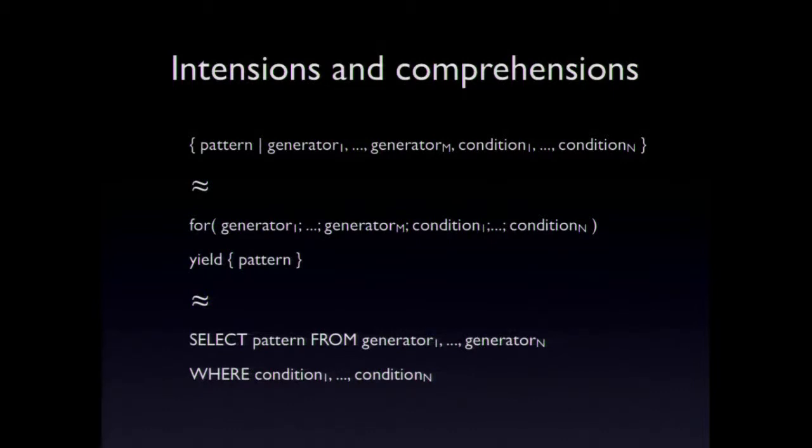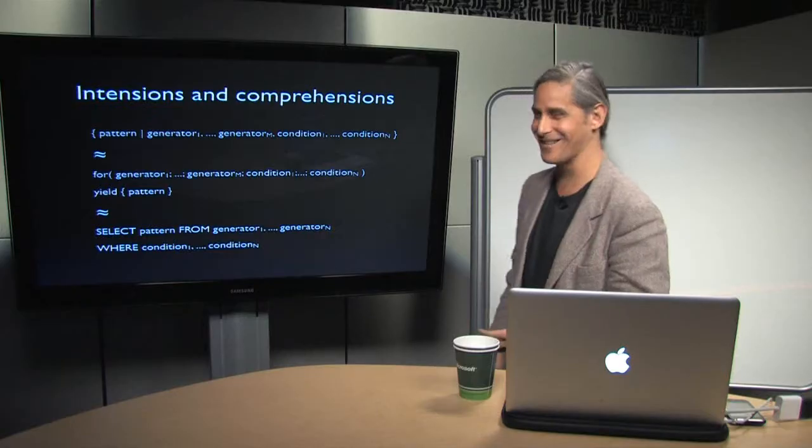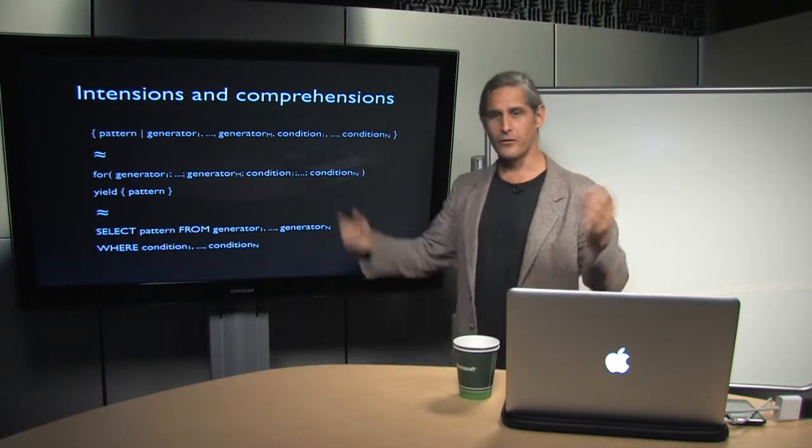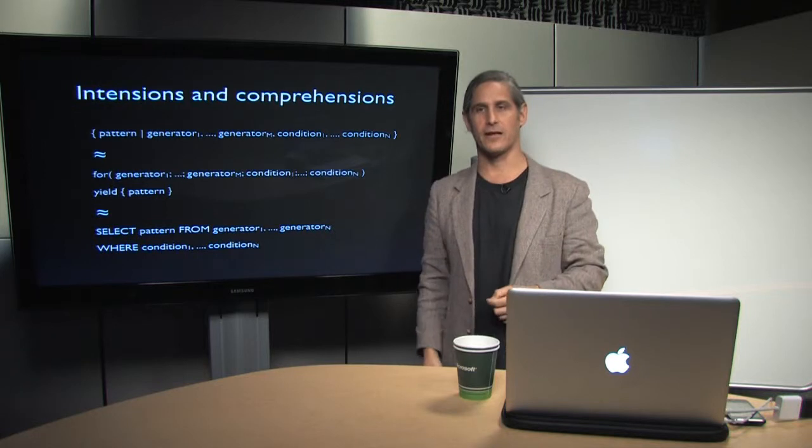But it's also really interesting to note that somehow this for notation seems so imperative, and this select notation seems so declarative, and this also seems very, very declarative, and yet somehow they're all pointing at the same underlying phenomena.